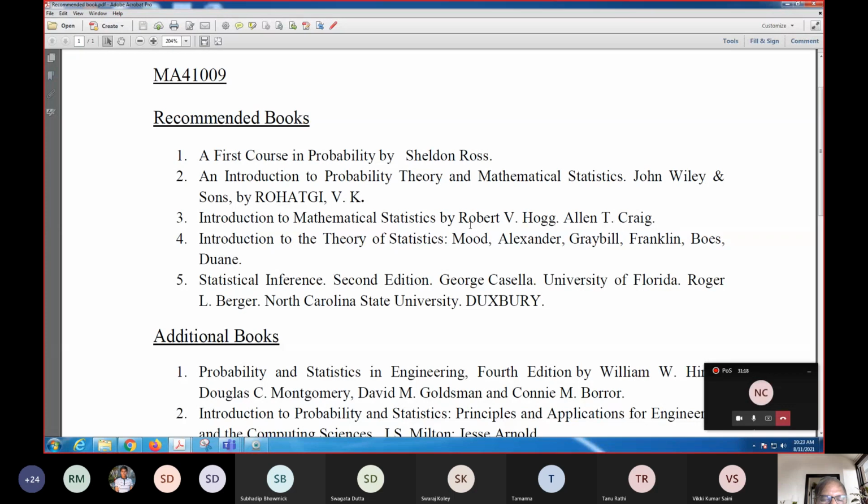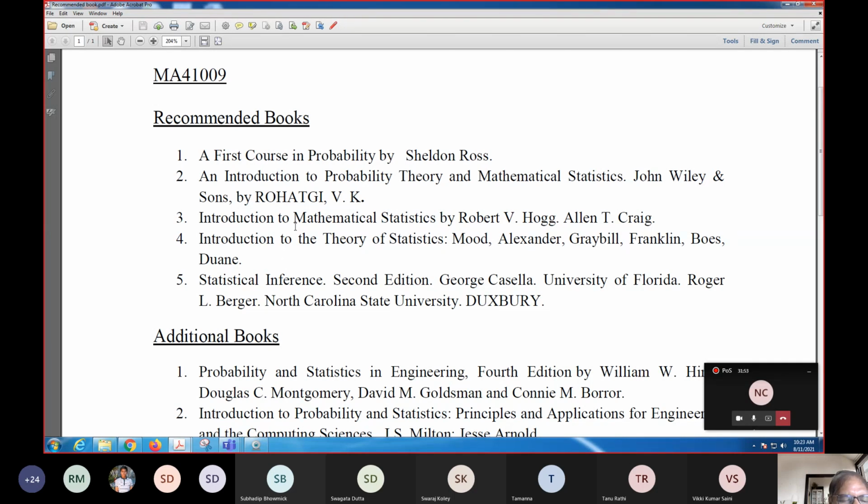Second is Introduction to Probability Theory and Mathematical Statistics by V.K. Rohatgi. This book is a little theoretical and covers both the topics, and you will get a lot of material from here. But the notations are a little clumsy, and usually statistics students refer to this book. But anyway, you can also follow. Once you go through my lecture and notes, then you can follow any book. There won't be any problem.